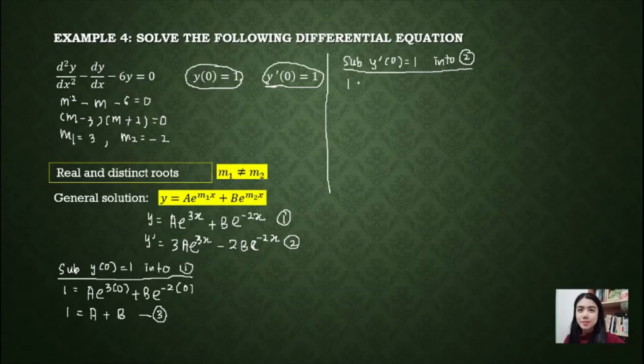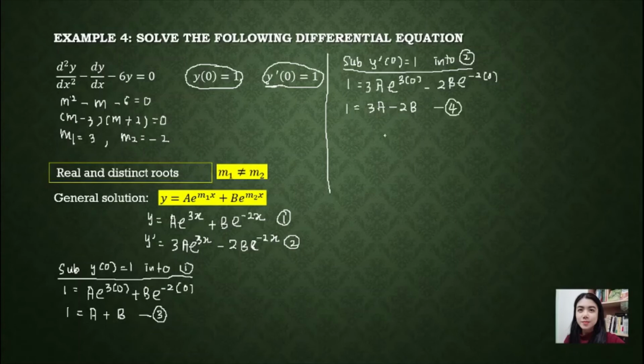So you have 1 equal to 3a e^(3x), the x here is actually 0, minus 2b e to the power of negative 2x, the x is 0. Again, we're going to simplify it. So for the right hand side, you have 3a minus 2b. So let me name this one as equation number 4.